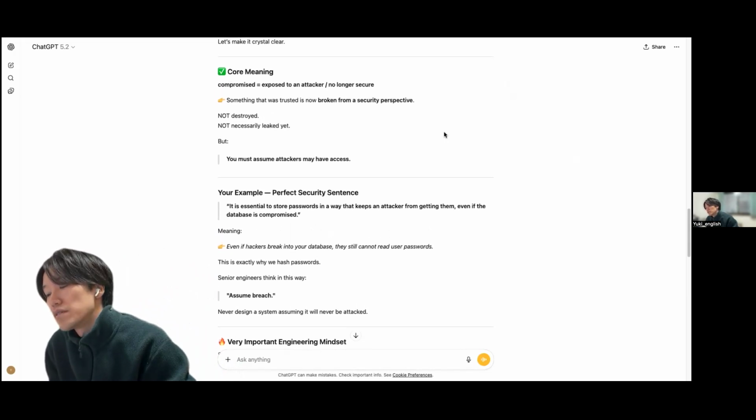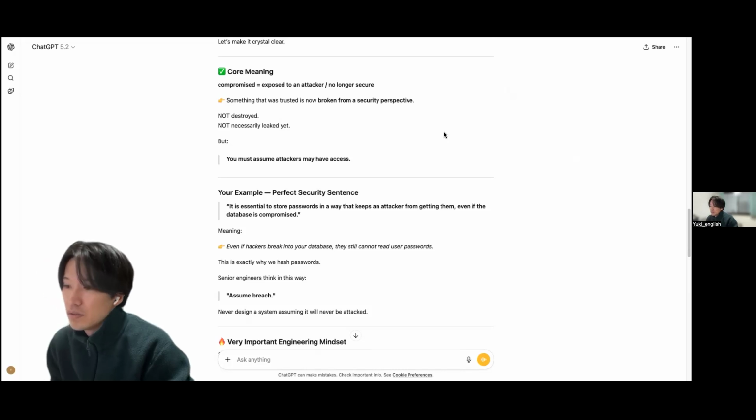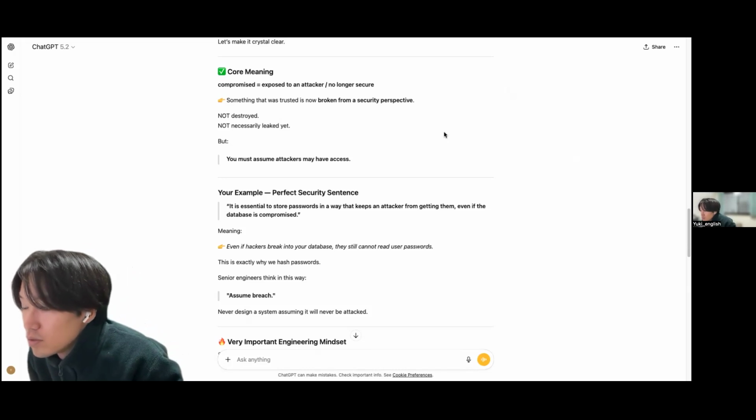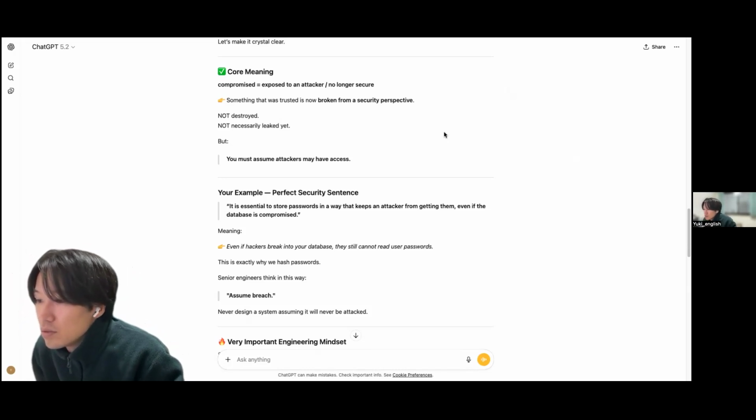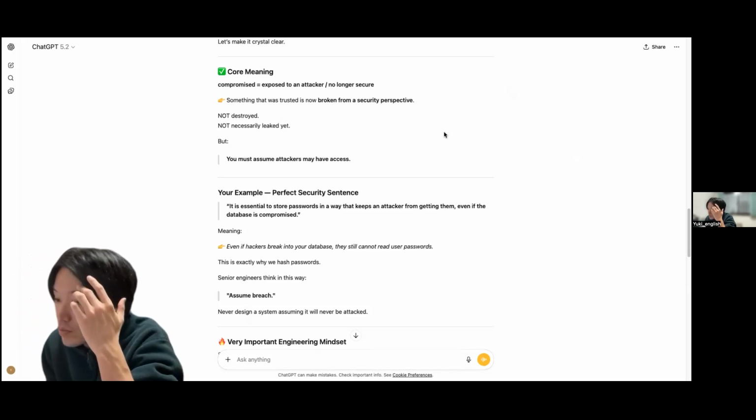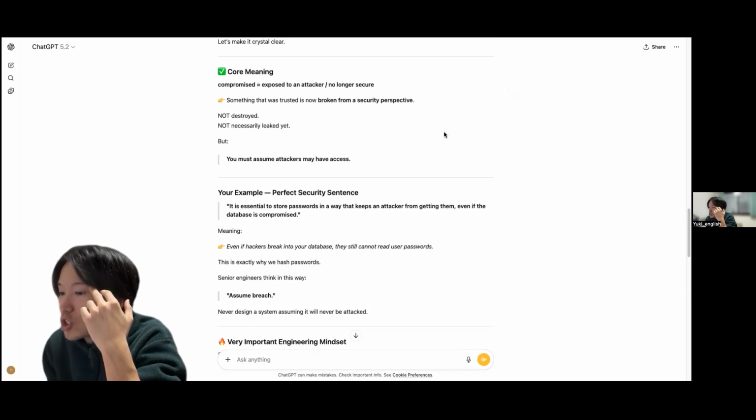Even if hackers break into your database, they still cannot read user passwords. This is exactly why we hash passwords. Senior engineers think in this way: assume breach.